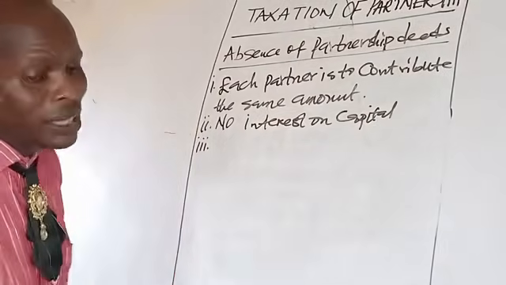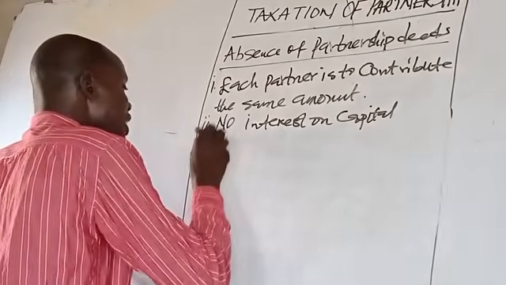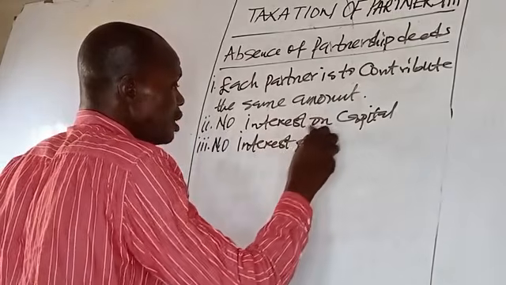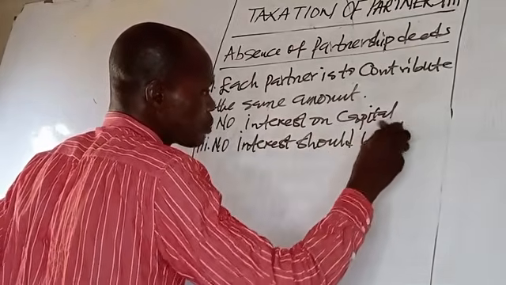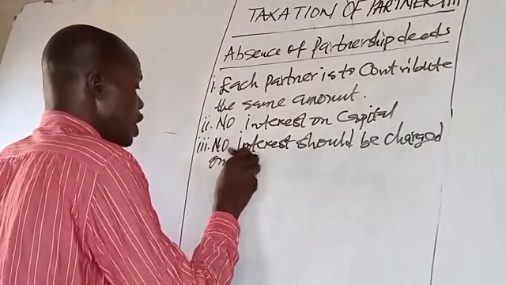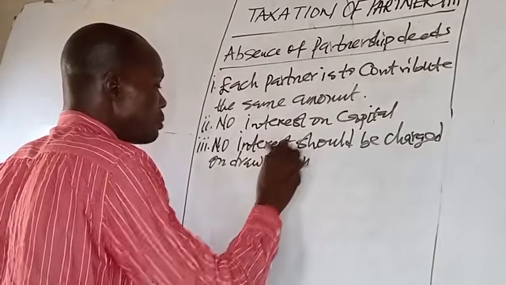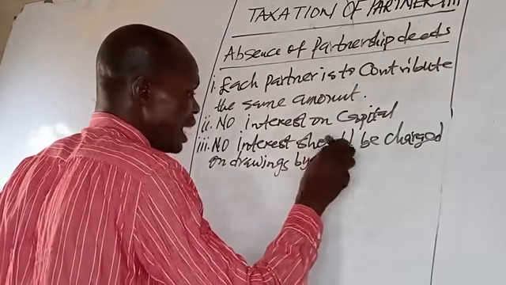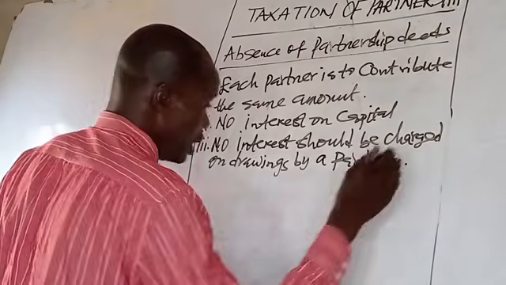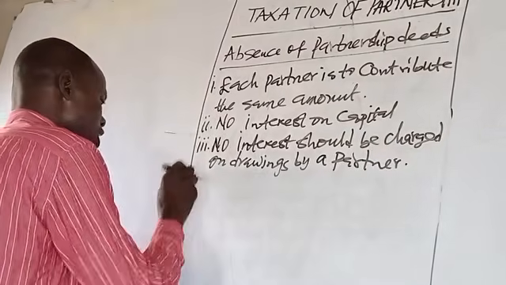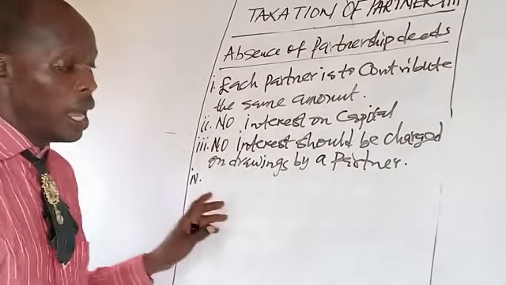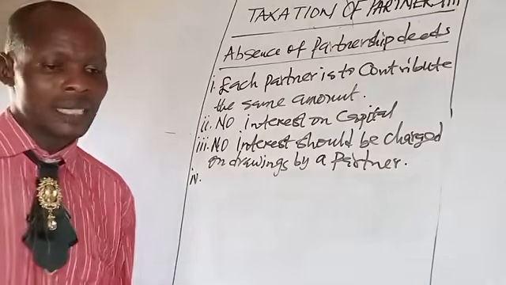Number 3, no interest should be charged on drawings by a partner. So where a partner may withdraw, there will be no interest on those drawings where there are no deeds of partners.